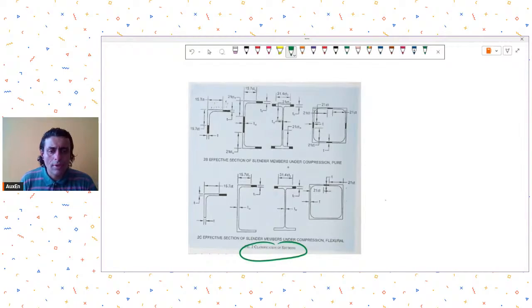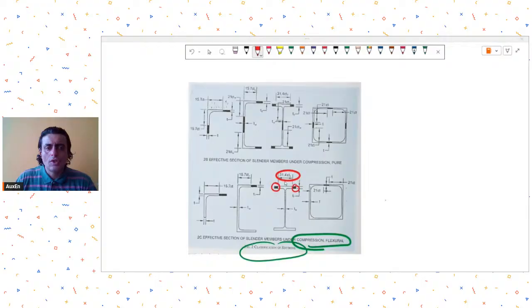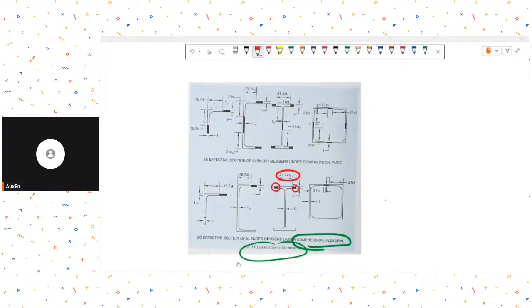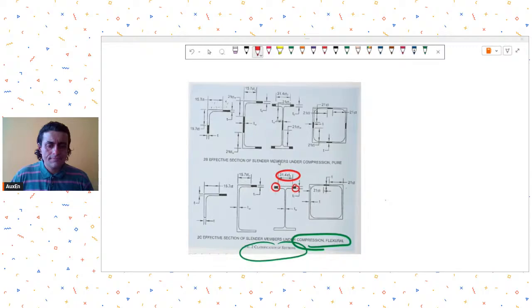If your member is subjected to flexural compression, then it allows you to ignore this particular portion of the flange which was causing slenderness, consider this much to be effective, and do the calculations for this. So you can follow this kind of a method if you want. STAAD will not do this work for you. You will have to do it on your own.